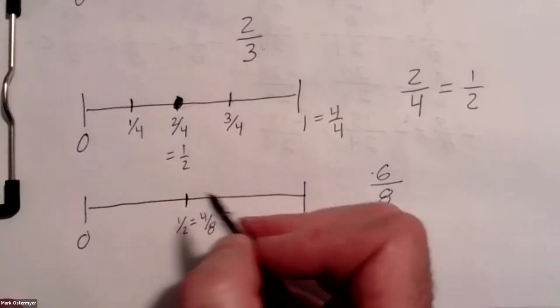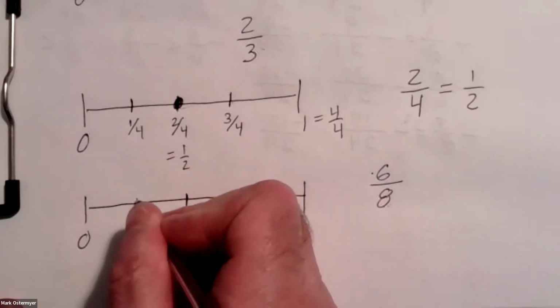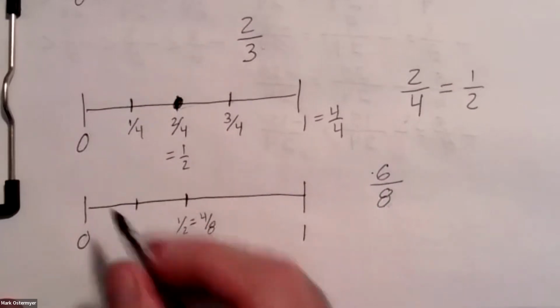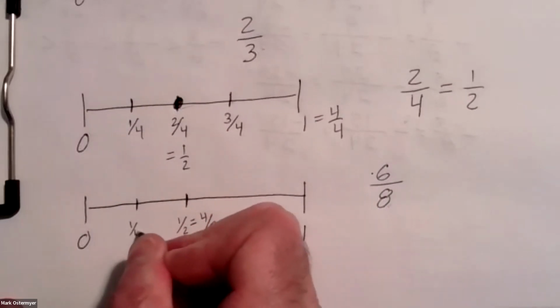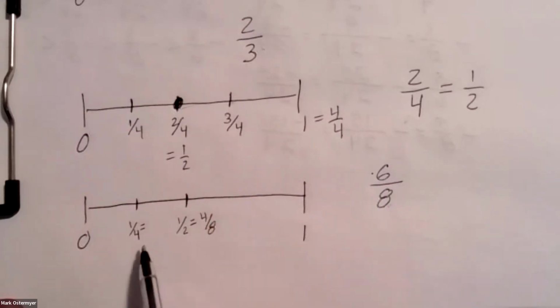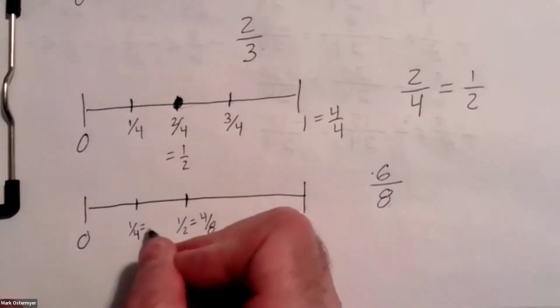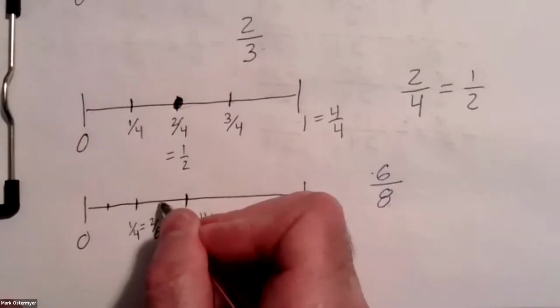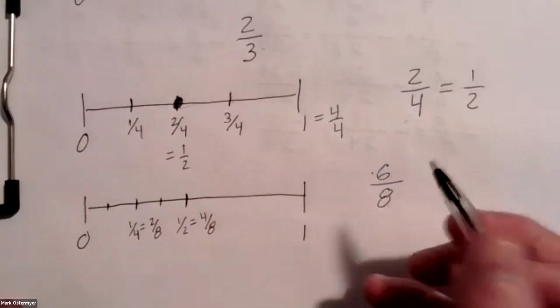Do you agree? And if you divide this in half, half of a half is 1/4. What is 1/4 equal to as a fraction over 8? That would be 2/8. So this is 1/8, 2/8, 3/8, 4/8.